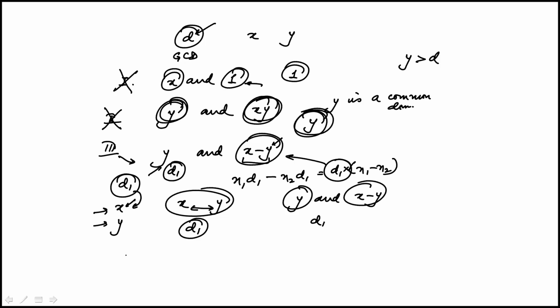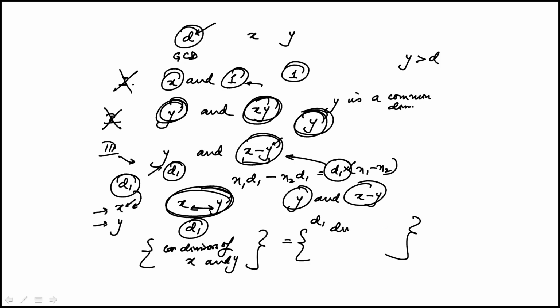So any divisor in this set, so think of all the divisors of x and y, must also be divisors of y and x minus y, based on my explanation here, that if D1 is a divisor of x and y, it must also be a divisor of y and x minus y.